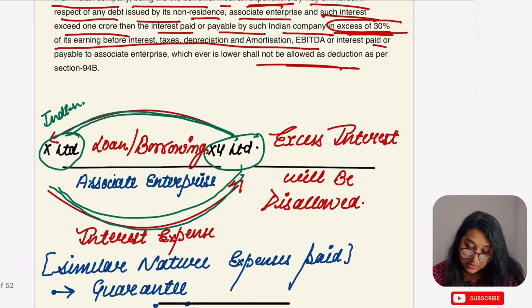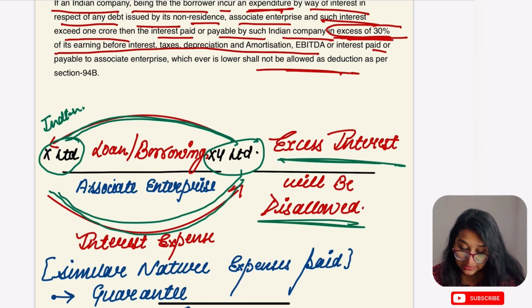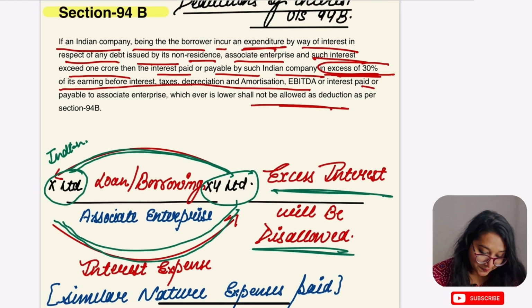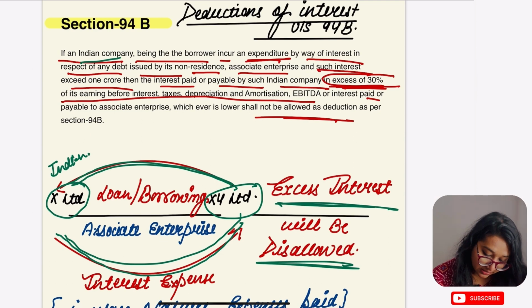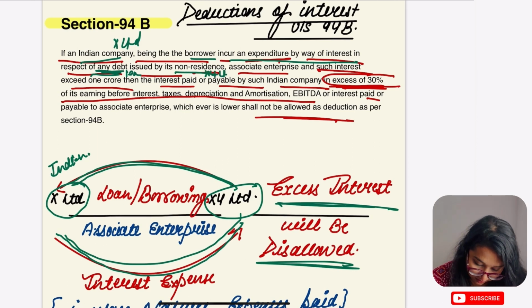So the law is stating that the excess interest would be disallowed. Let's read it again. If an Indian company, who is X Limited, being the borrower, incurred any expenditure by way of interest in respect of any debt, which is the loan, issued by non-residents, XY Limited, who is an associate enterprise, and such interest exceeds 1 crore.